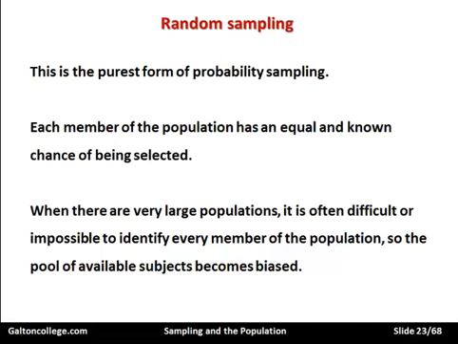Let's say someone who's interested in wildlife and they wish to try to work out the characteristics of a certain species. They're interested in looking at the population of foxes.